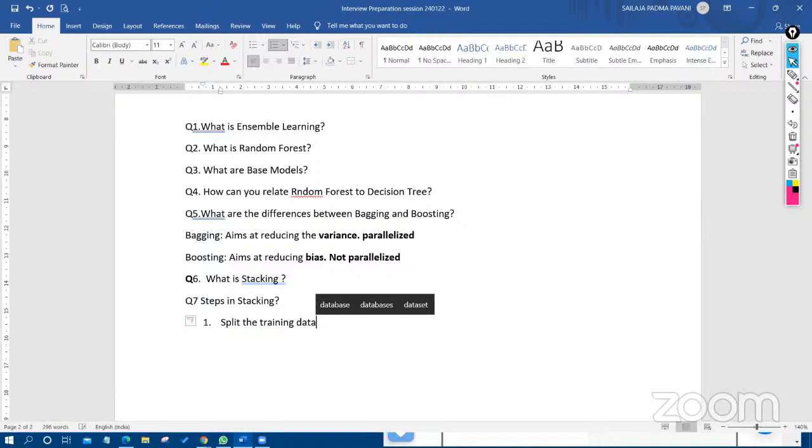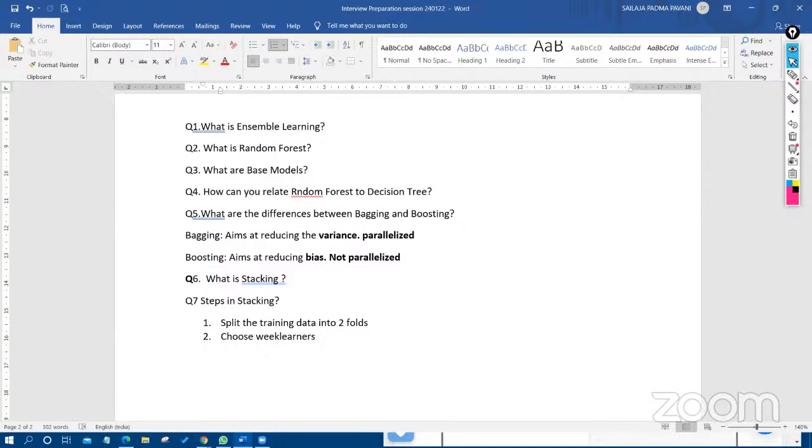Split the training data into two folds. Right. And in the second step, what do you do? You have to choose the weak learners, and you have to make some predictions for observations in the second fold.